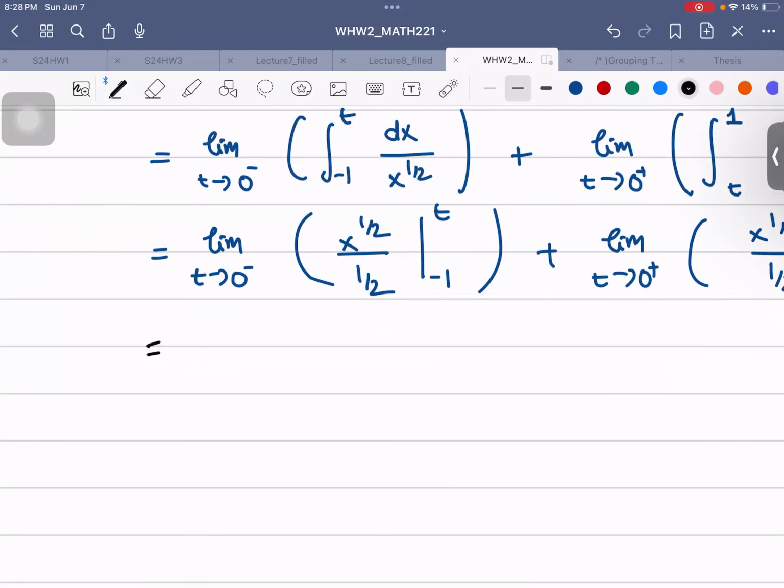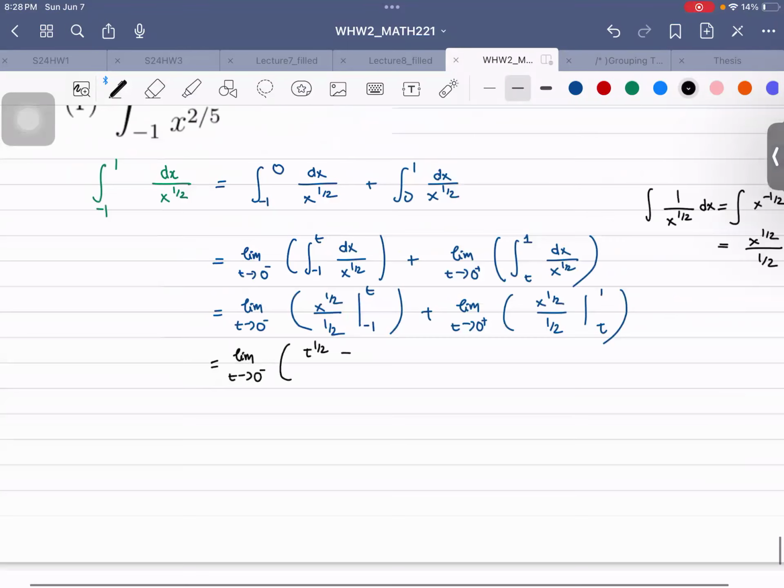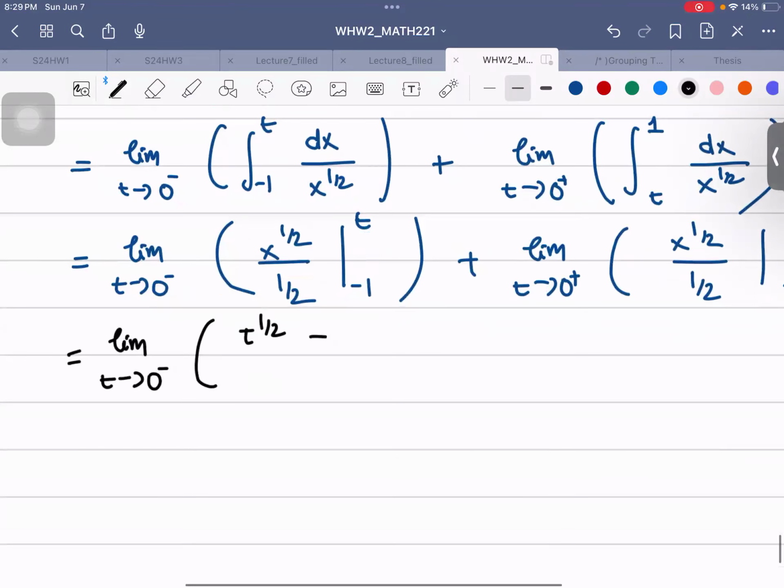You have the limit when t approaches 0 from the left of t to the 1 half, subtract negative 1 to the 1 half.